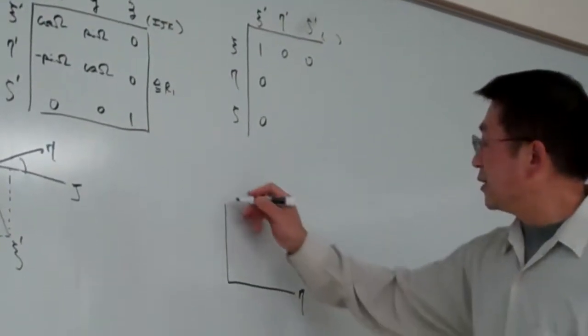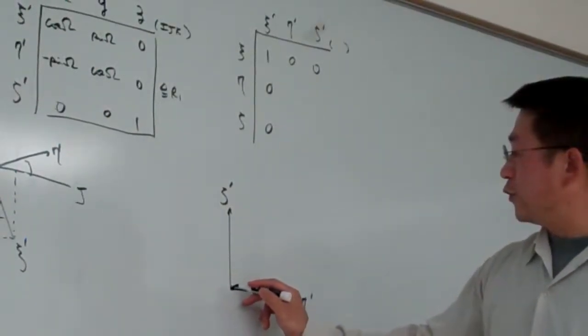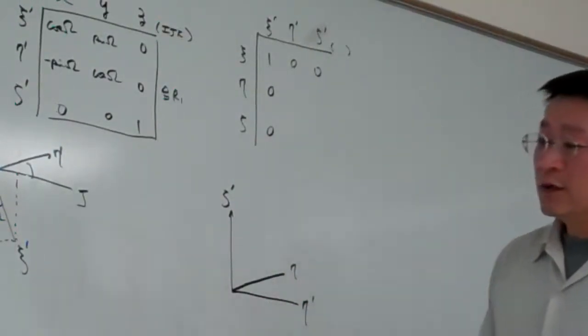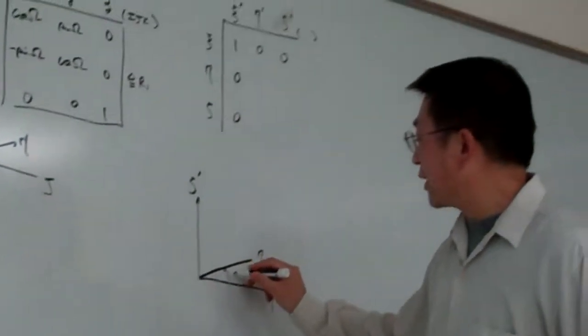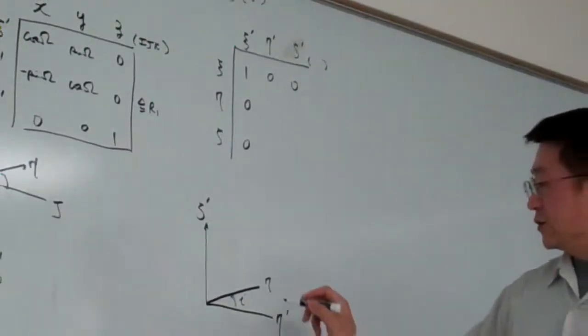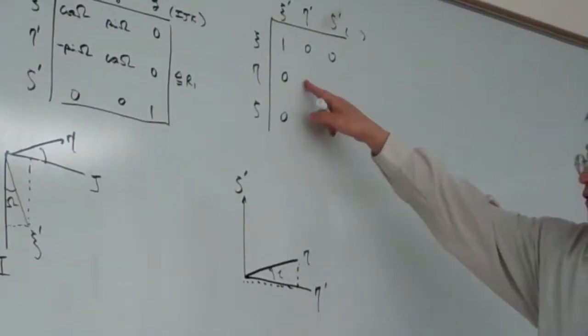This is zeta, and this is the zeta here. Once we transform, this is our new axis here, which is now expressed in these 2. This one, basically, we rotate by angle I. In a similar way, you can project and write down the components.